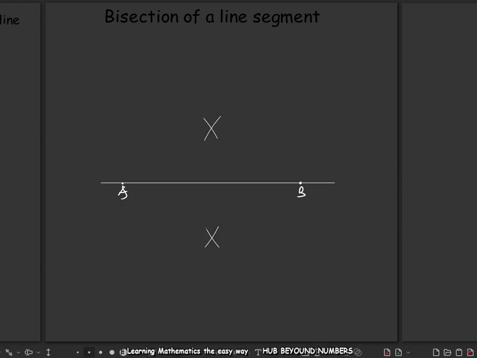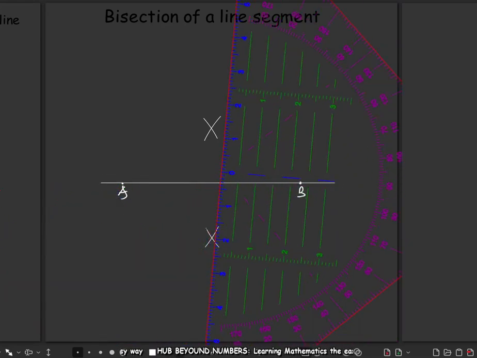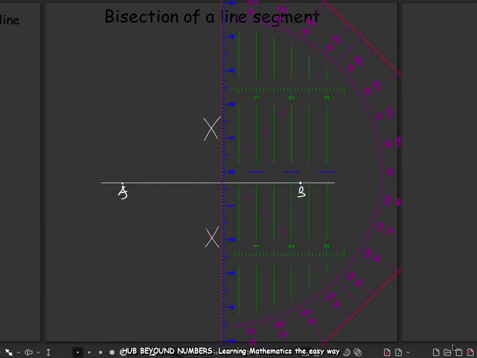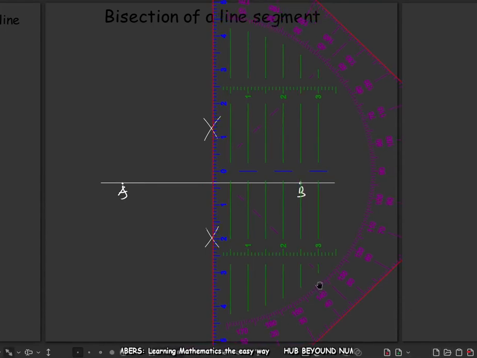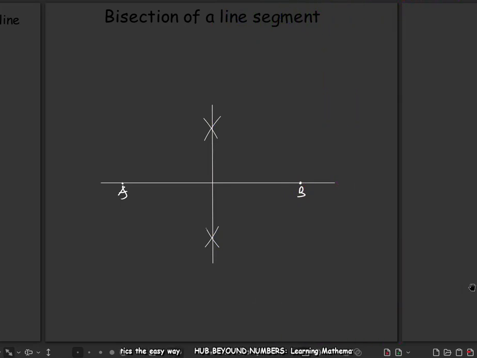Now, with that done, you take your ruler and make sure you align it, right? You align it such that you can draw a line through these 2 points of intersection. As you can see, I have aligned mine, and I can now draw a straight line through my points of intersection. Something like this, right?